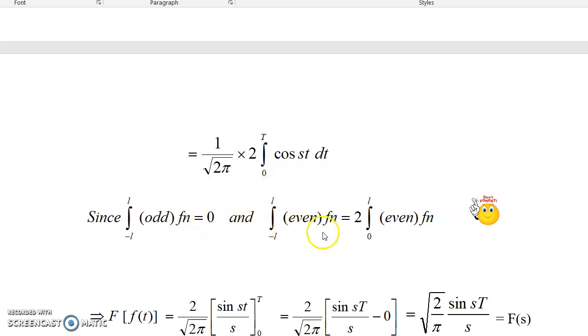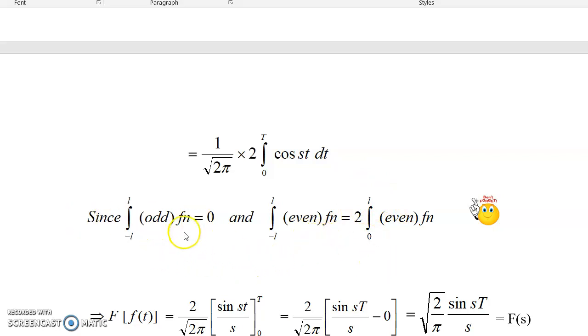And when you integrate an even function from minus L to L, it can be written as 2 times the same function from 0 to L. So this is the basic integral formula for odd and even functions from minus L to L. Odd function means f of x will be equal to minus f of minus x in the negative interval. Even function means f of x will be equal to plus f of minus x in the negative interval. So that's why it will be 2 times the integral from 0 to L.